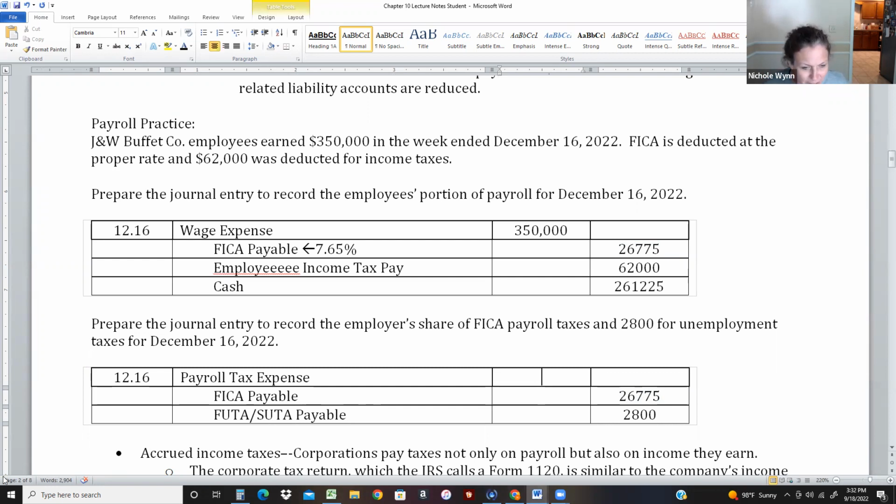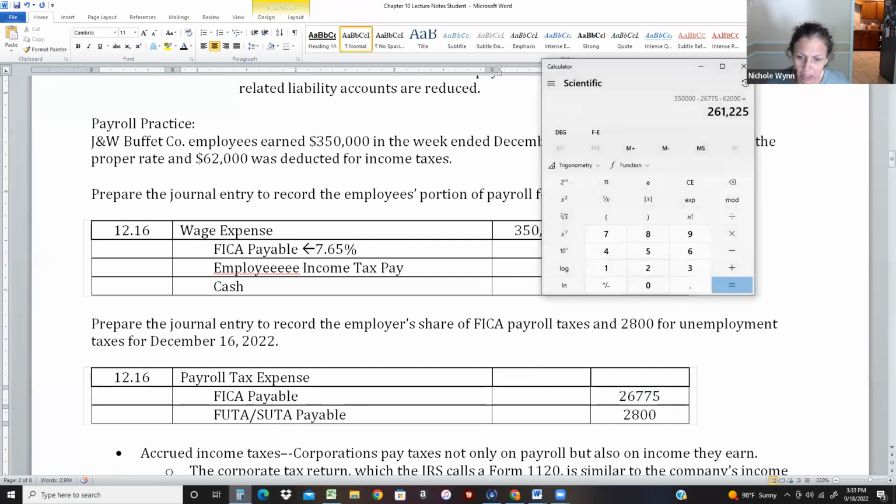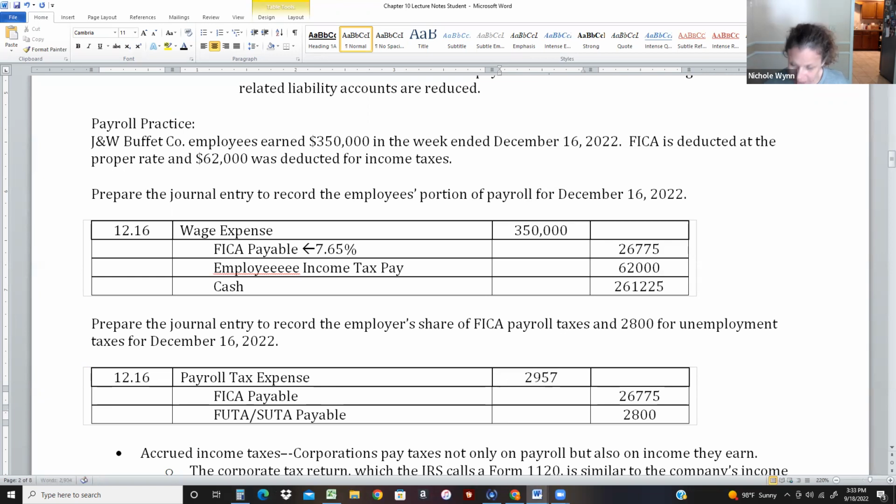So our payroll taxes are 26,775 and 2,800. So we're going to have to write checks to the government for another 25,575 to pay for more payroll taxes. So those employees, we wrote them checks for 261,000, but they actually cost us almost 380,000.